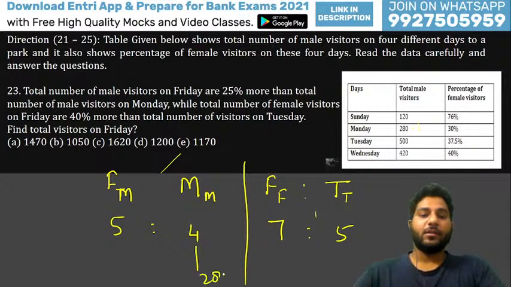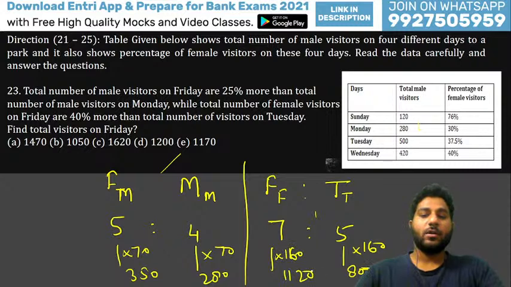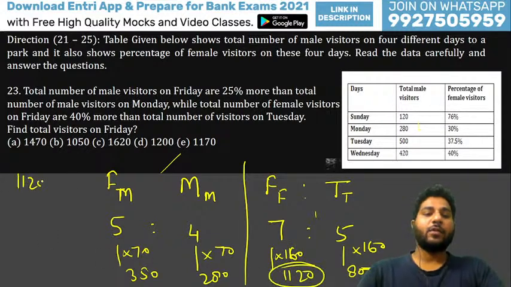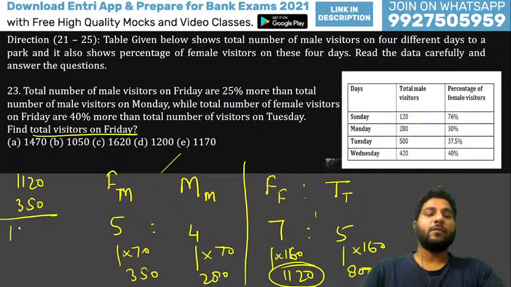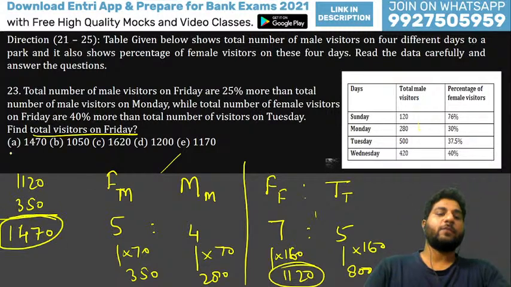That means 1 ratio is 70, so 5 ratio is 350. Total visitors on Tuesday will be 800, and it will be 160, that means 1120. If you add 1120 and 350, that makes the total visitors on Friday, 1470. Yes, 1470 will be the correct answer.